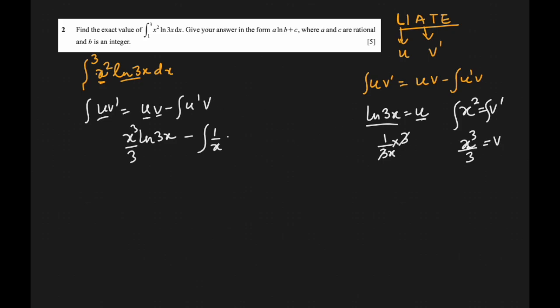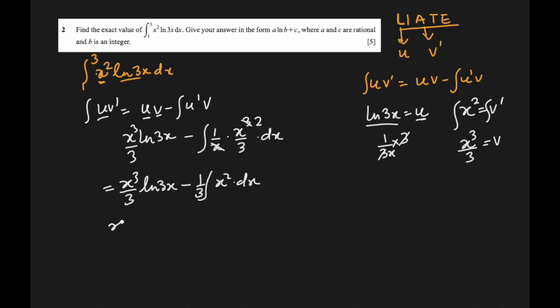And v we just got, x cube over 3. Now this x can cancel with one of them, it becomes x square, and left with dx. So it is x cube over 3 natural log 3x minus 1 over 3 outside, and x square dx here. Okay, so now this will be integrated easily.